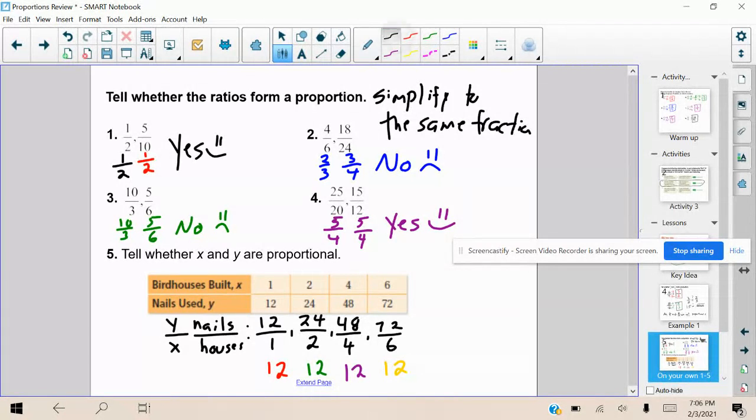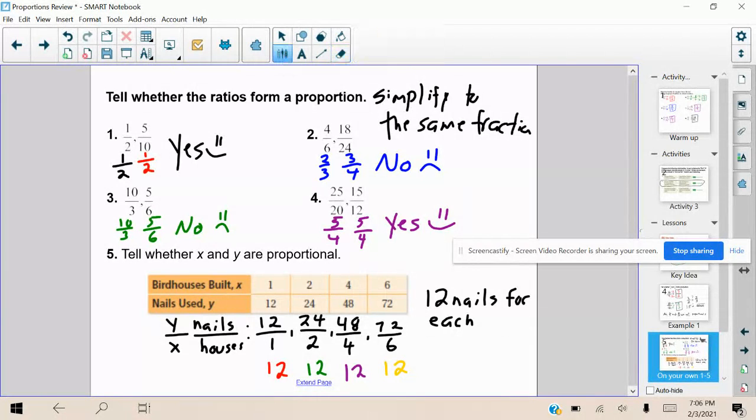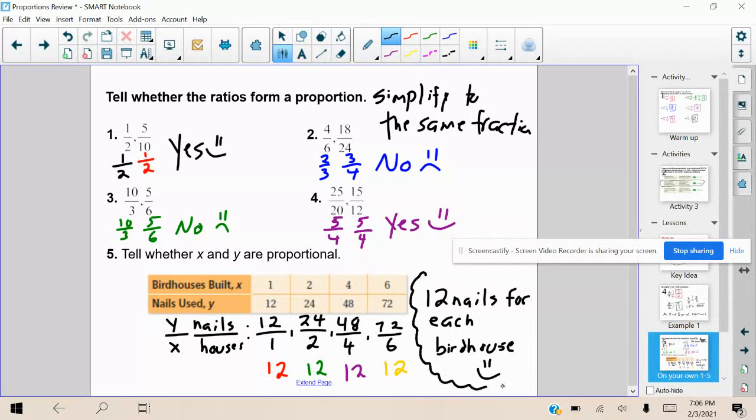We use 12 nails for each birdhouse. So this is going to be the answer here. We figured out that x and y are proportional.